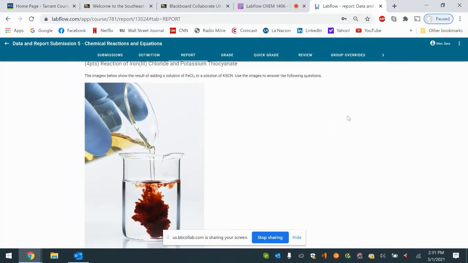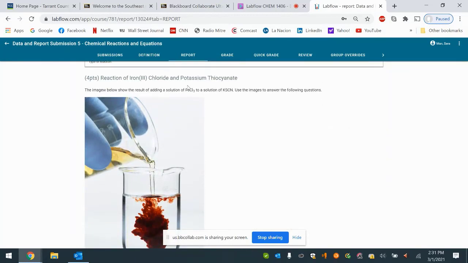And look at the next one, the reaction of iron chloride and potassium thiocyanate.